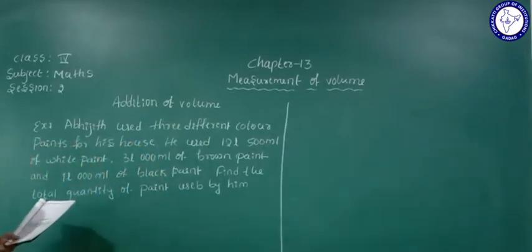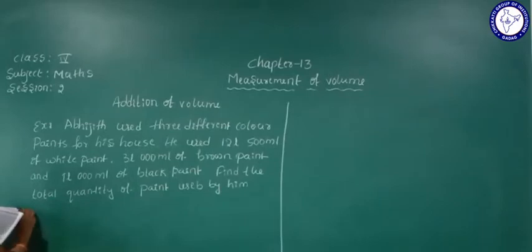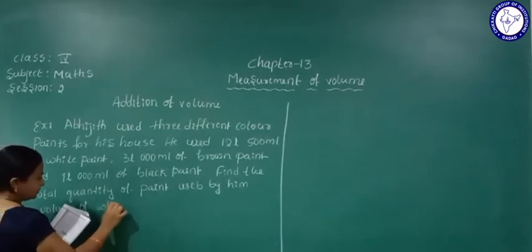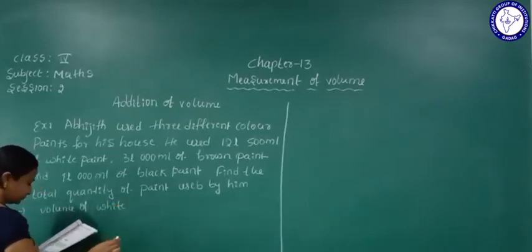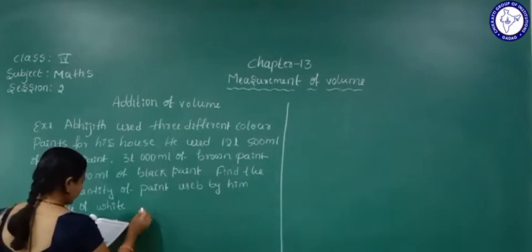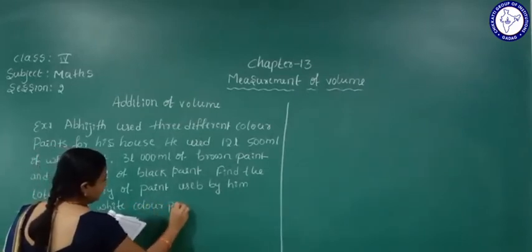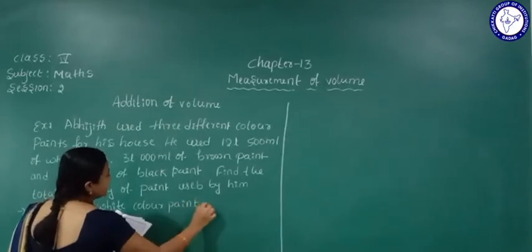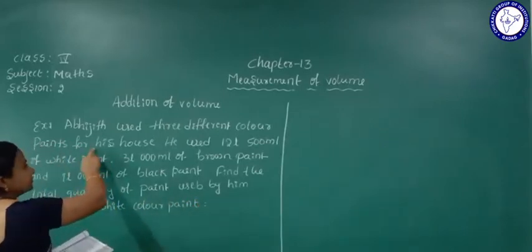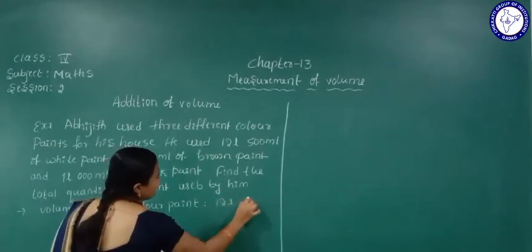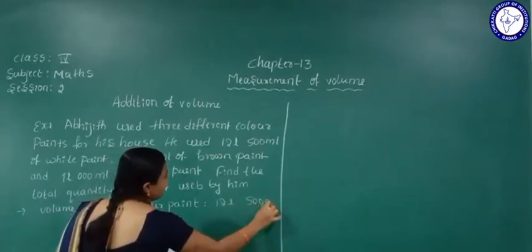The answer we will write here. Volume of white paint is 12 liter 500 ml.